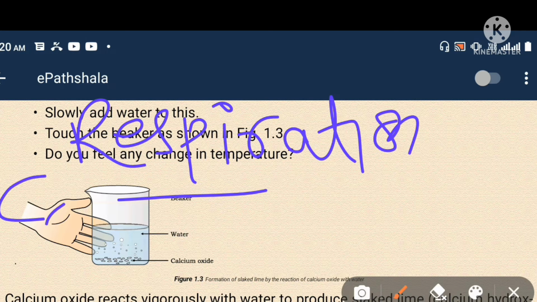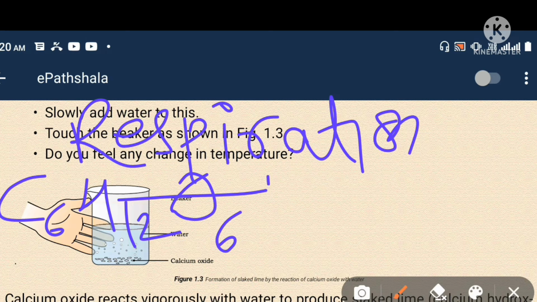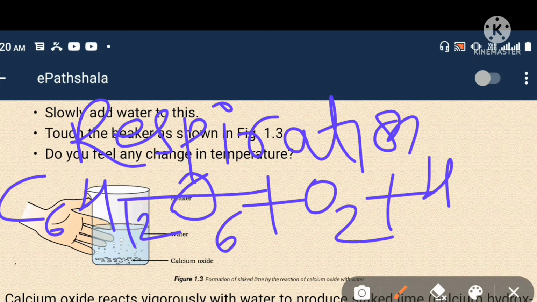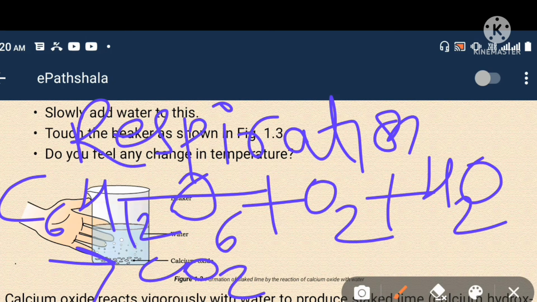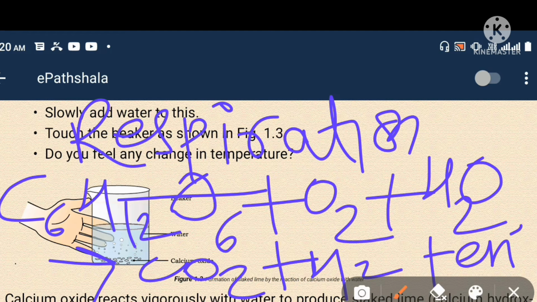See this reaction: glucose, C6H12O6, reacts with oxygen of our cell and forms carbon dioxide plus water plus energy. That is called exothermic reaction, a reaction in which heat is given out.